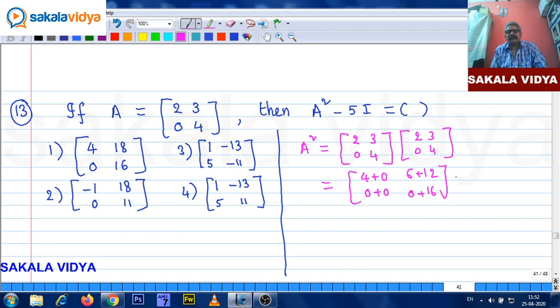This is A square. So we have 4, 18, 0, 16. Now 5I.